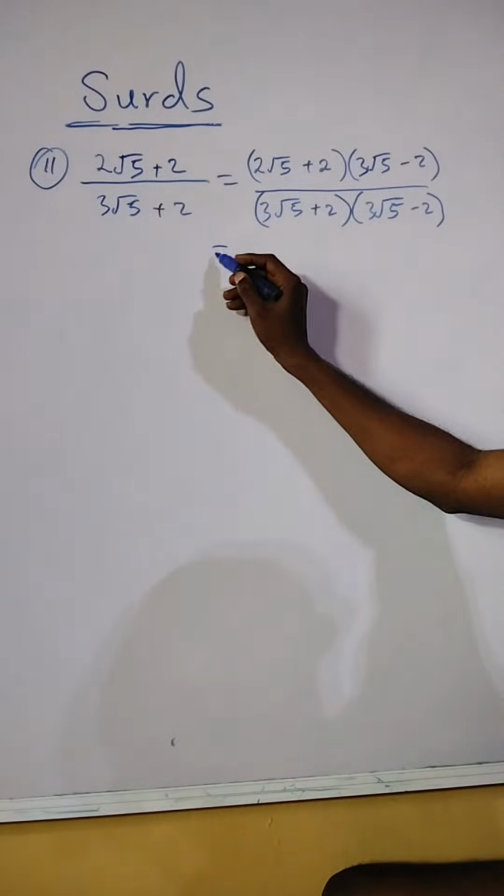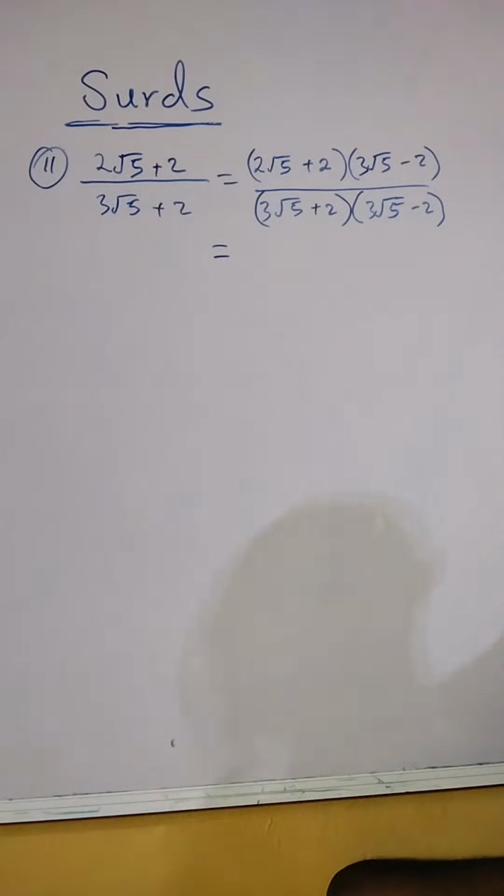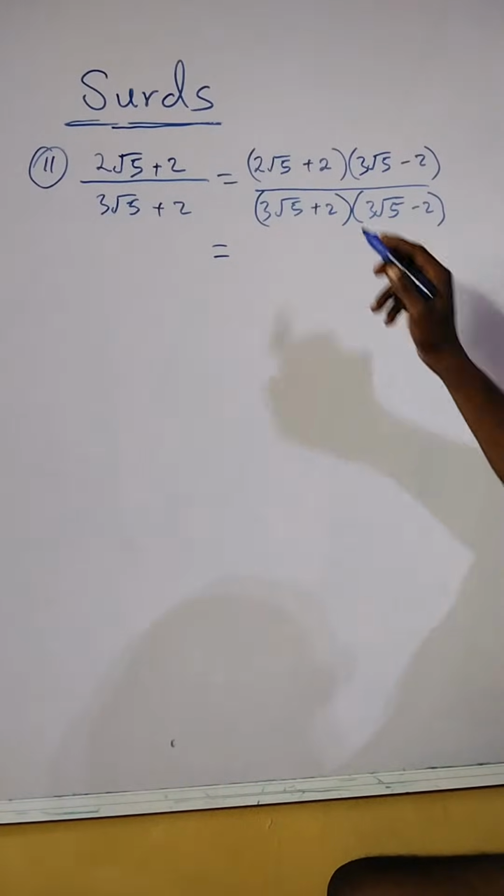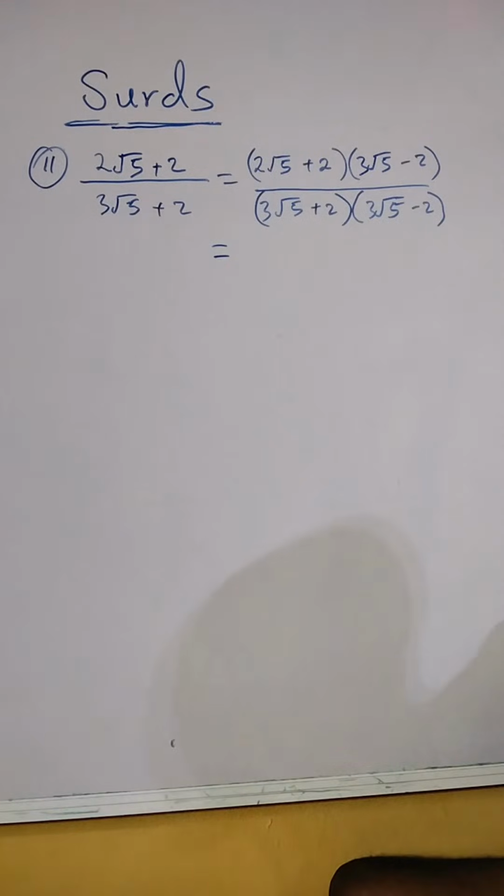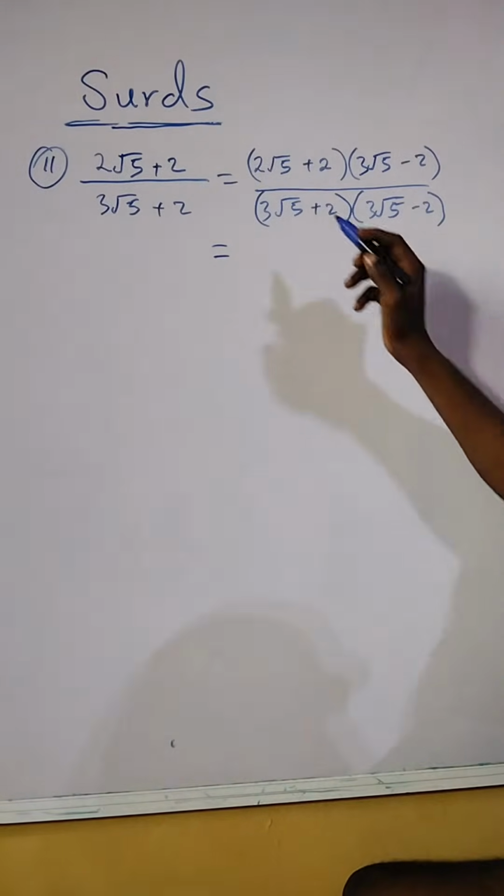That is, here, in this bracket, we have different things there. It's not the same. So we can expand. That's the way we expand the bracket.